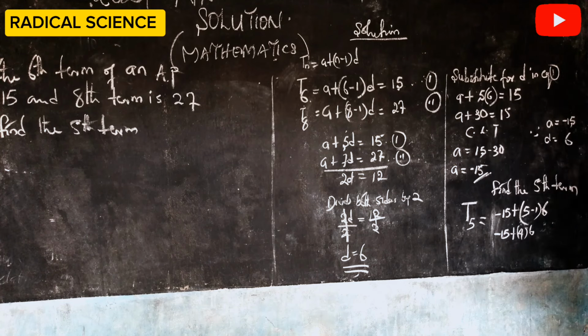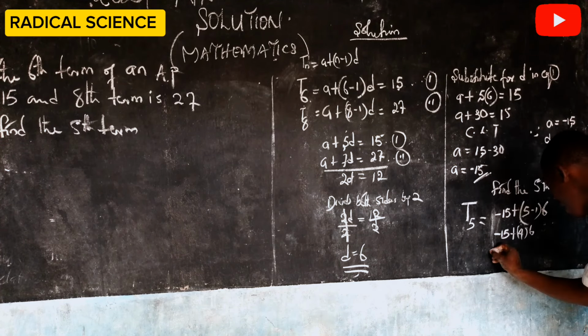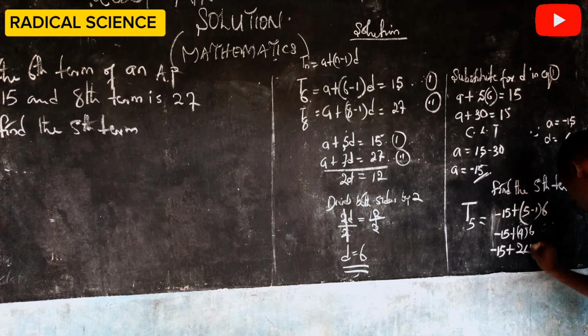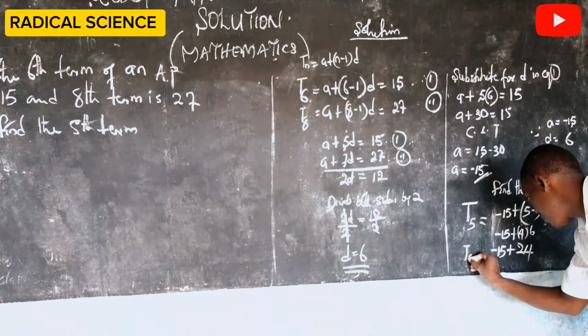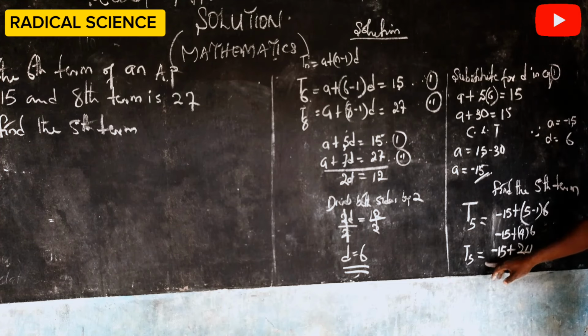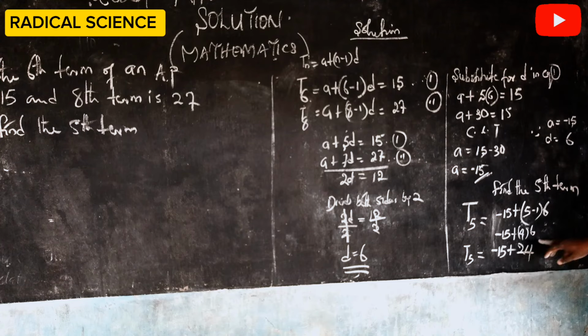Brackets 6. That means I have minus 15 plus 4 times 6, which is 24. Remember, this is the fifth term. Please follow me. I have that T5 is equal to minus 15 plus 24.